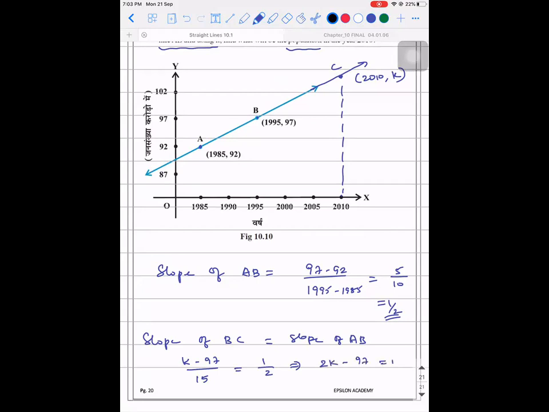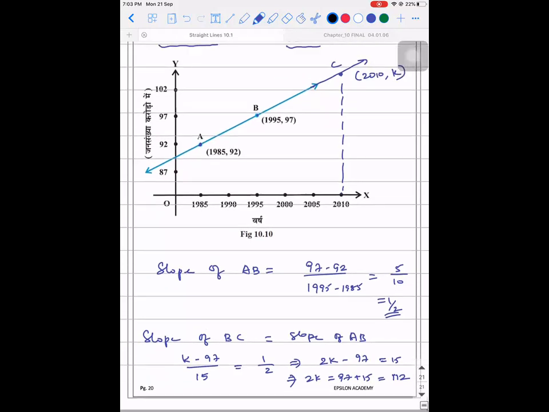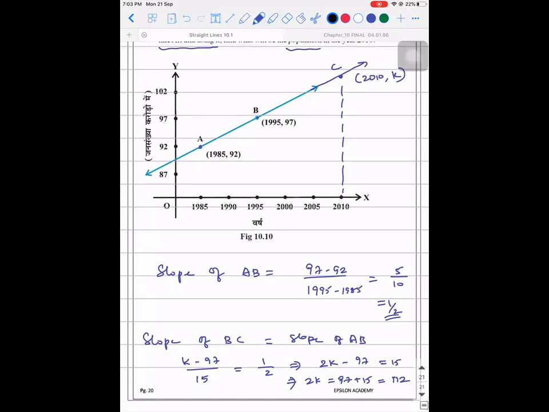2K minus 97 is equal to 15. So 2K will be equal to 97 plus 15. How much is it? 112. So K will be 56. But it is something in terms of crores. So this is year. This is population in crores. Sir, 97 also we multiply by 2 now, sir. I missed it. I'm sorry. How much is it then? 194, no?